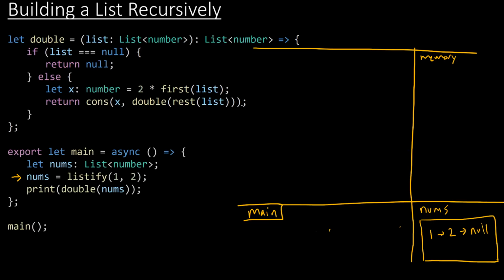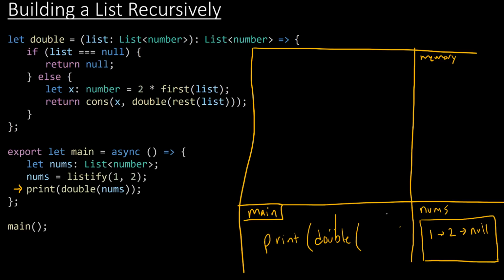So we're ready to move to the very next line. And the very next line is saying print the result of calling the double function with nums. So print double, and nums is going here. All right, so when the computer goes to evaluate this, we're going to start from the inside out.